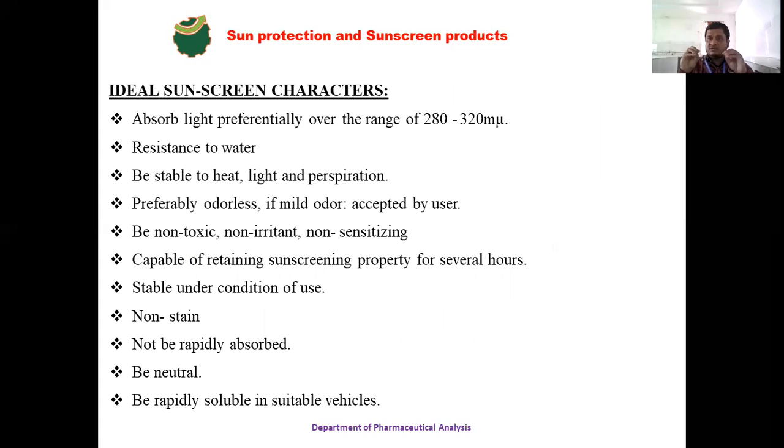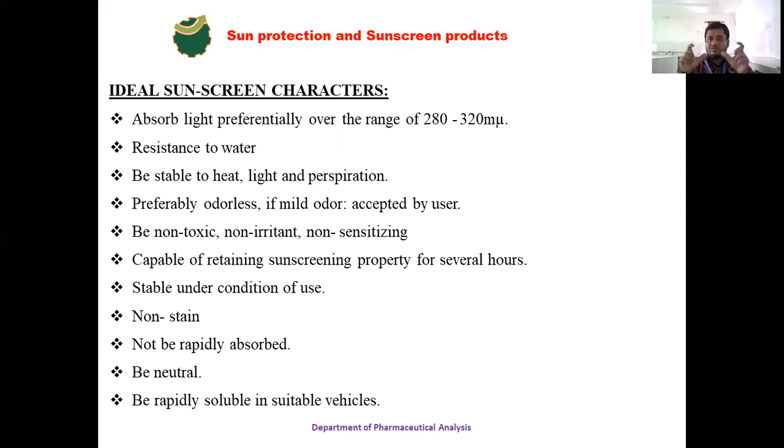In that formulation, there should be a particular substance which has that sunscreen effect. Like I already said, zinc oxide, okay, then oxybenzone. Those are the substances which should be present in the product. Those are the sunscreen substances or sunscreen ingredients.